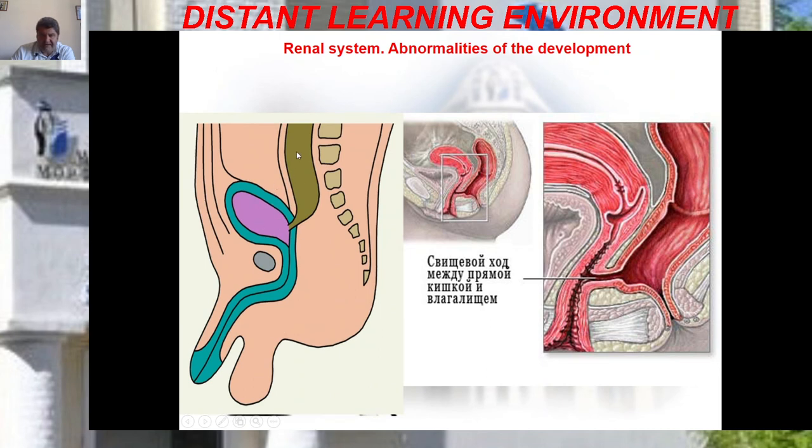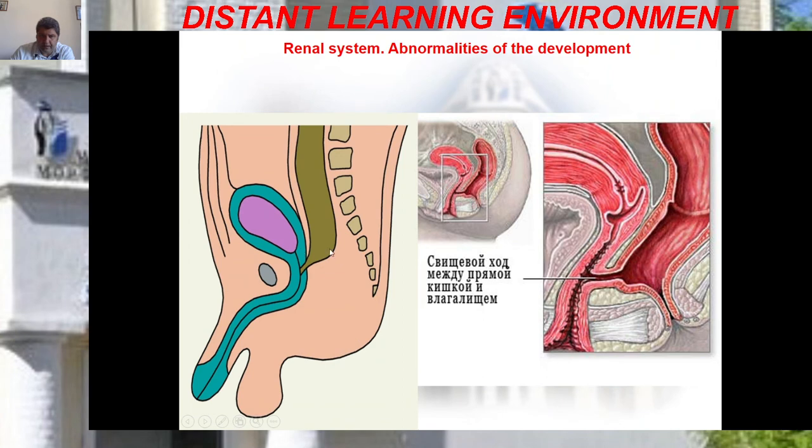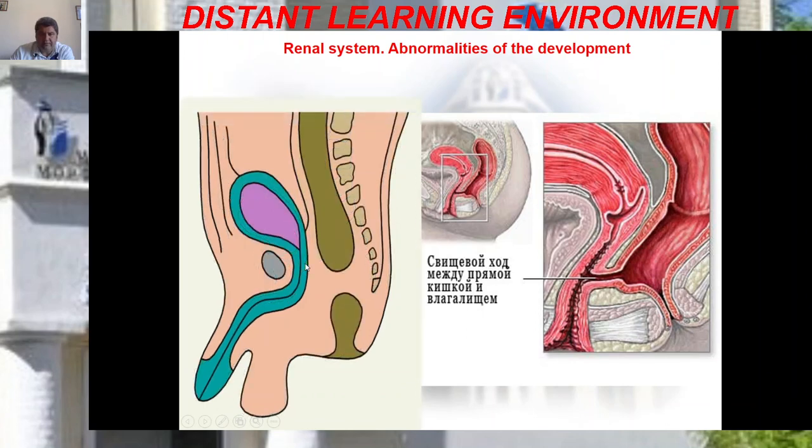Like this, you may see the opening of rectum in bladder. It's abnormal because it must open on the perineum. So you may see the opening of rectum in urethra in male. Also atresia of rectum and absence of connection between these parts of rectum.